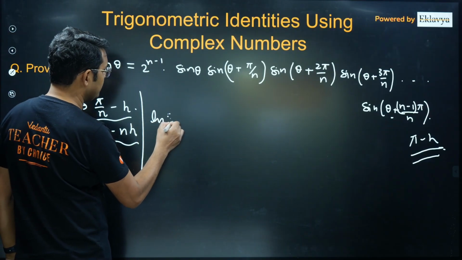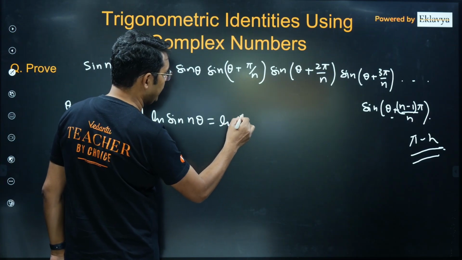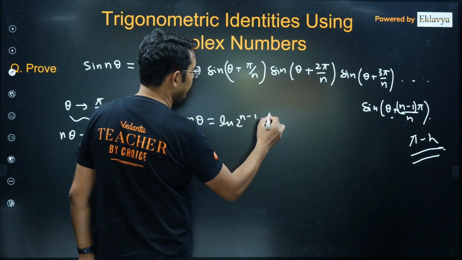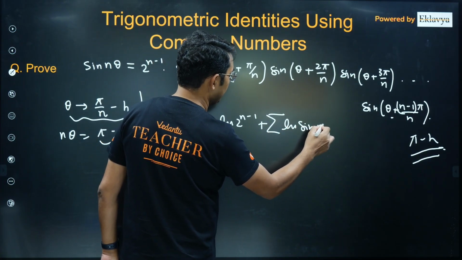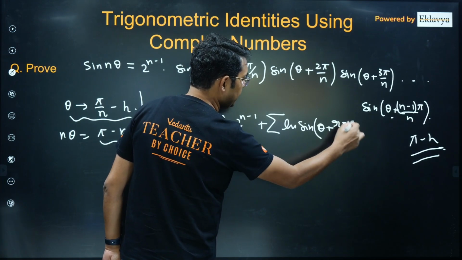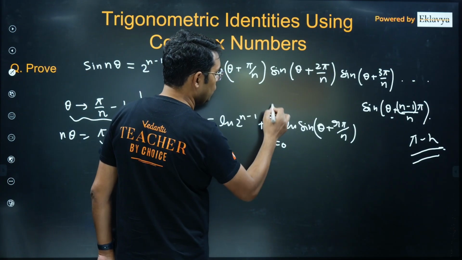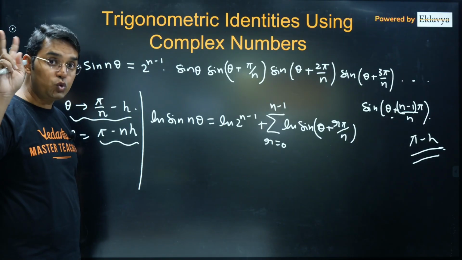If you take the log, let me do it. So it will be log sine n theta is equal to log of 2 power n minus 1 plus, let me write it in the form of summation, log sine of theta plus r pi by n, where r is starting with 0 going till n minus 1. Now differentiate once, not once, twice actually.